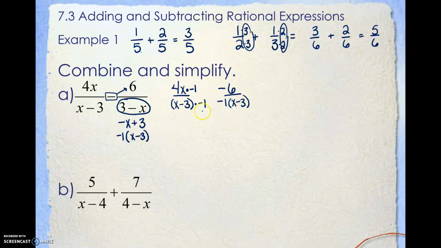Now, both denominators have a negative 1, and both denominators have an x minus 3. So now these two things match, and we can combine them. The common denominator is negative 1 over x minus 3.